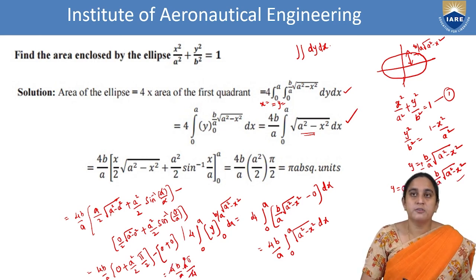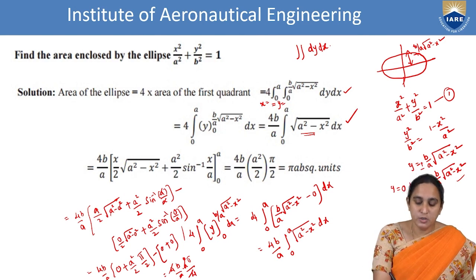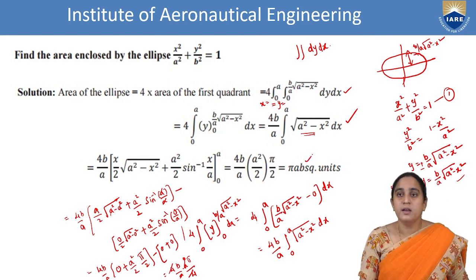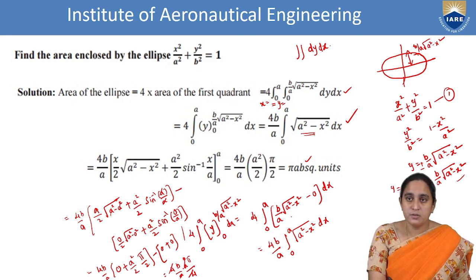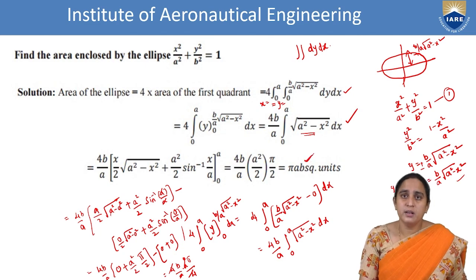From that we got the final answer as pi into ab square units. Therefore, for the third question, the area of the ellipse x square by a square plus y square by b square equals 1, the answer is pi ab square units.